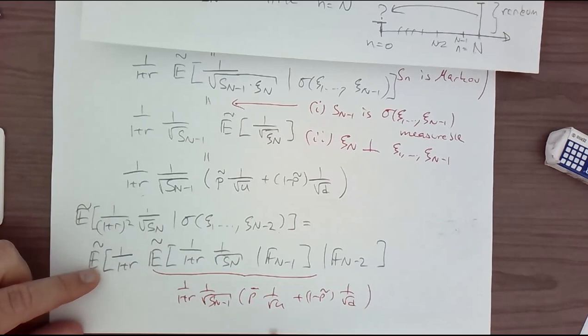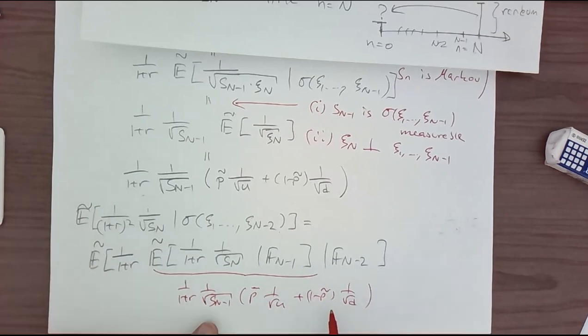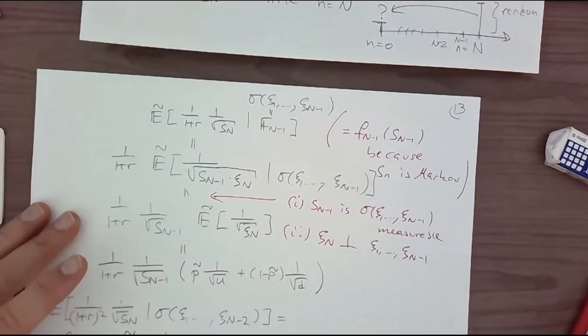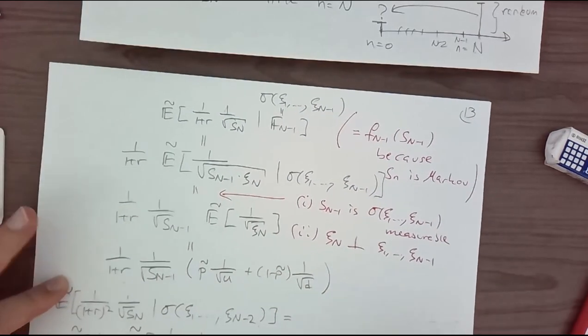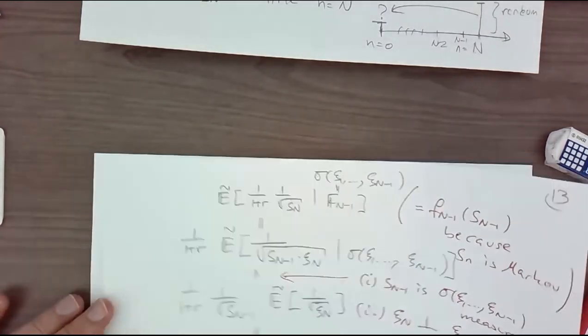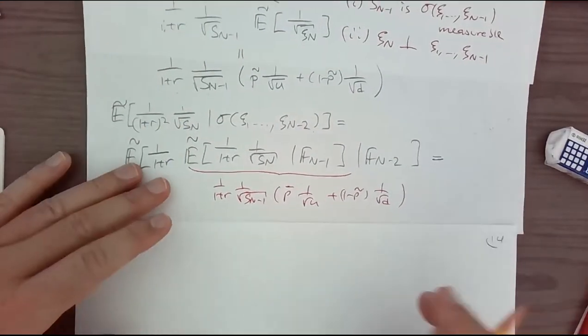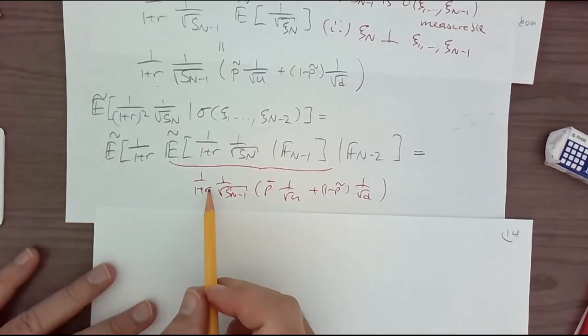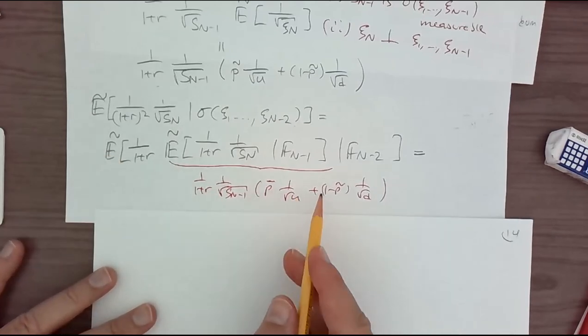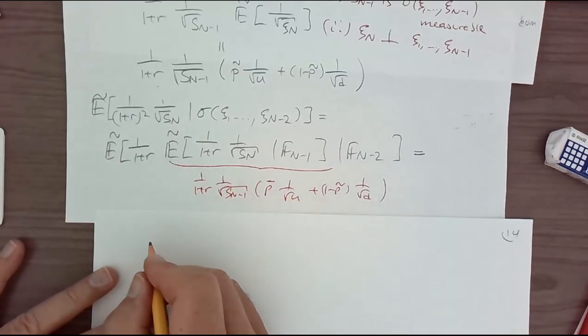So I can combine the two, but you can see now what I end up needing to compute is very similar to what I had before. I can put all the constant coefficients outside the expectation.